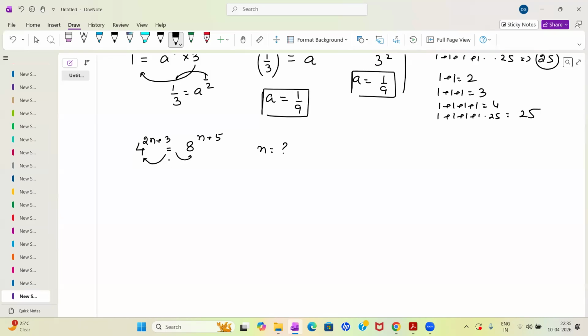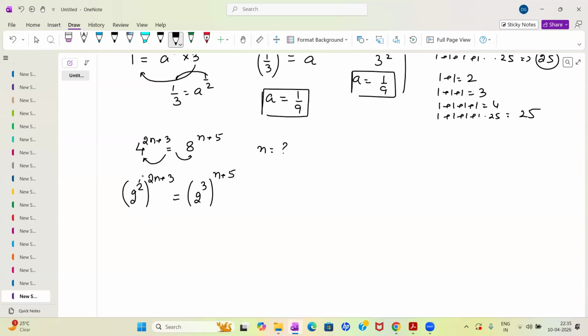First you need to equalize the bases. If the base is the same, then only you can compare the power. So 4 can be written like 2 square, and the whole power is 2n plus 3. And we can write 8 like 2 to the power 3, and the whole power is n plus 5.